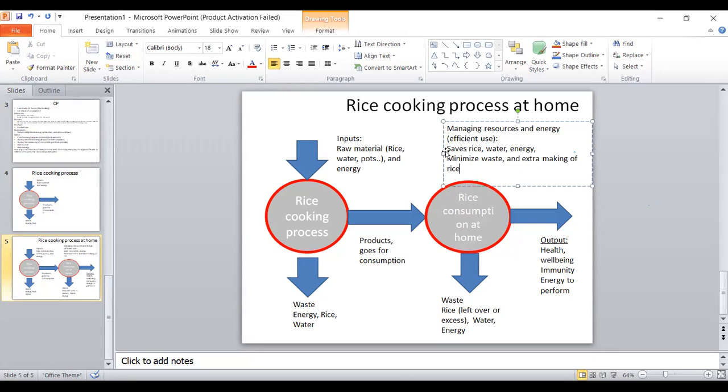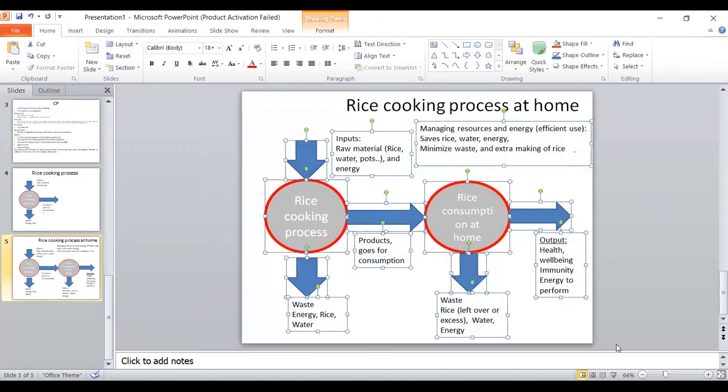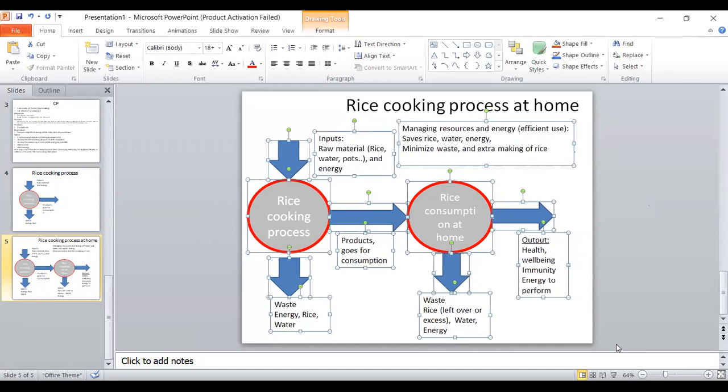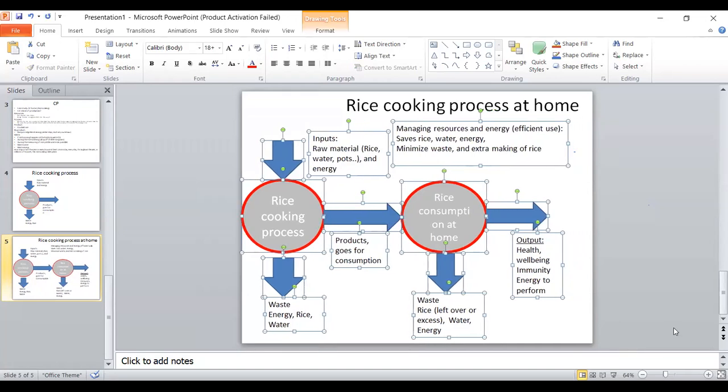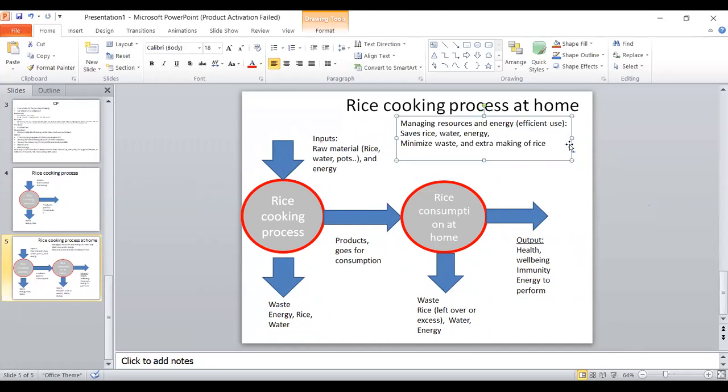Even when you go to industry, you have to manage the resources there, like in your home; you cannot waste material or energy. So this is very interesting.